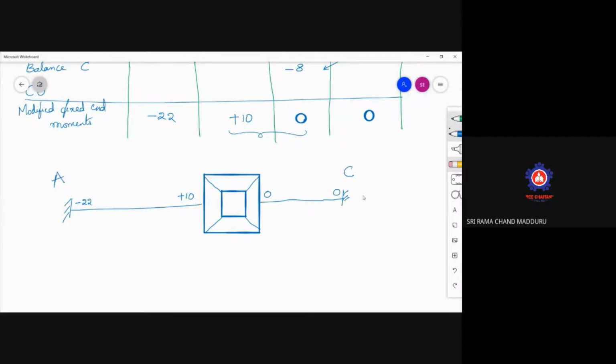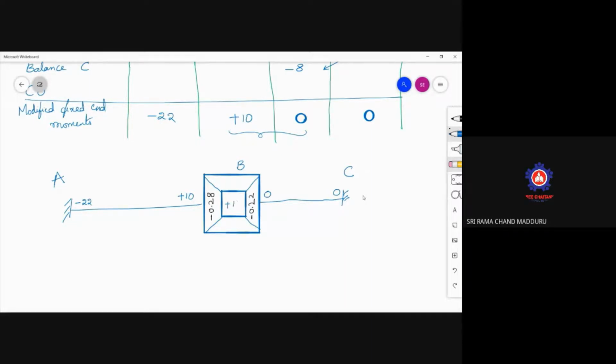And the restraint values are minus 0.28 towards RFBA, and this is minus 0.22, and this point is B. Now we know that the restraint moment at B is nothing but plus 10 plus 0.